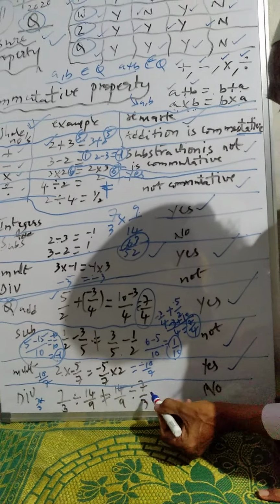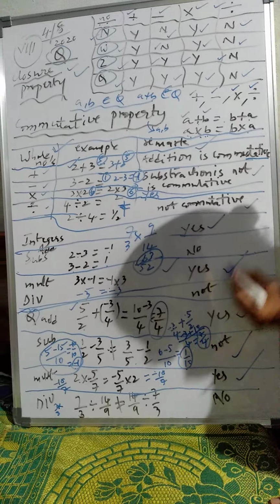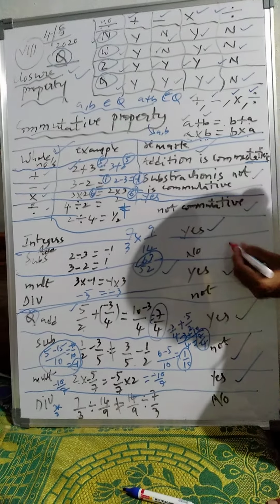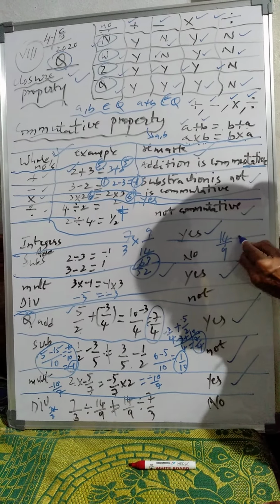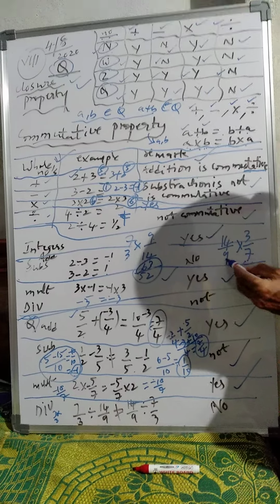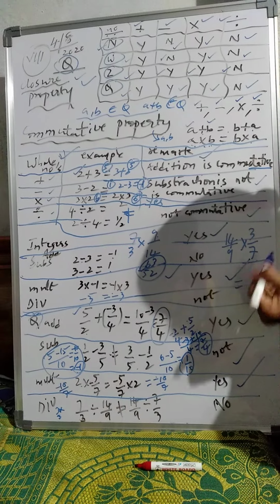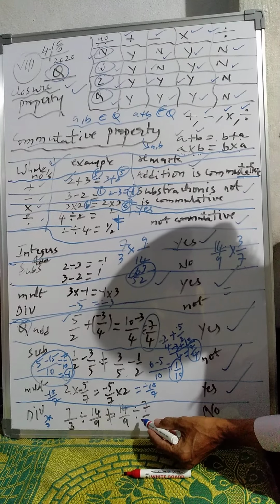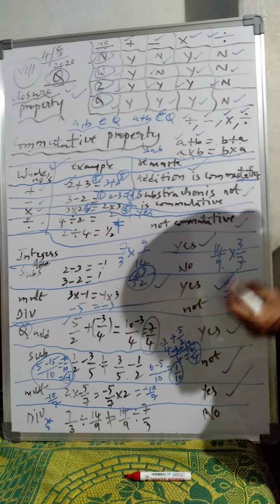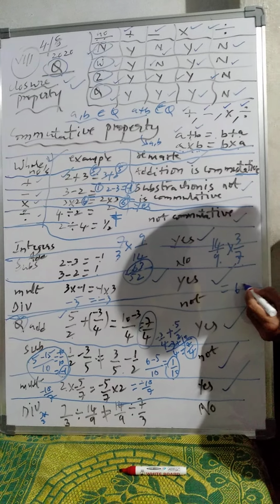Now let us interchange it. 14 by 9 divided by 7 by 3. We will do 14 by 9 into 3 by 7, which is the reverse of it. 9 7s are how much? 63.